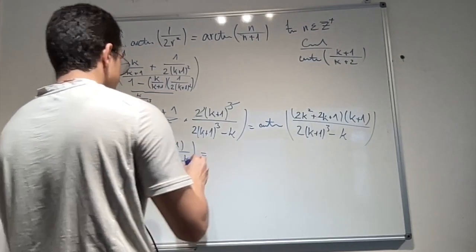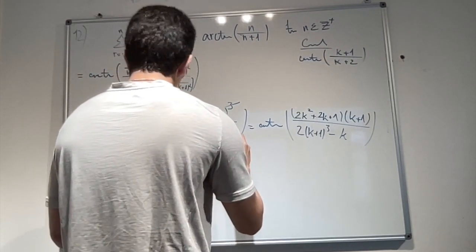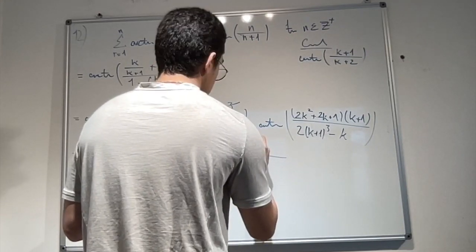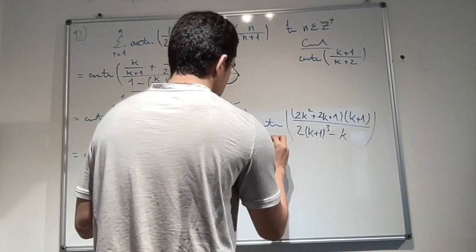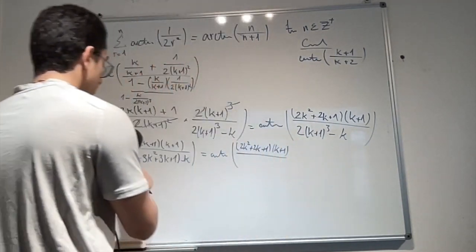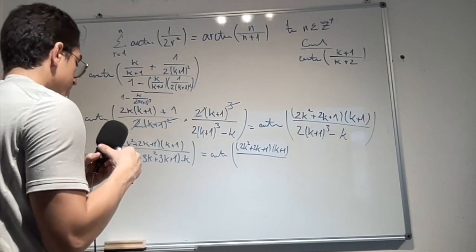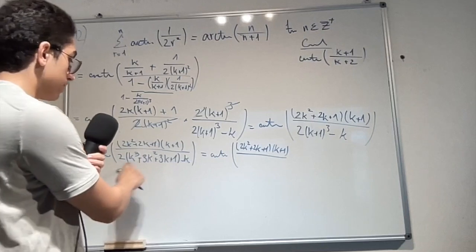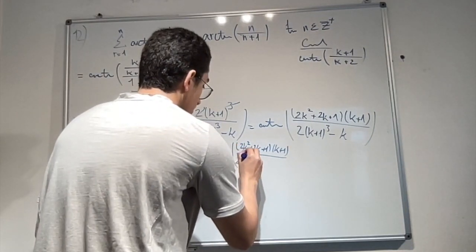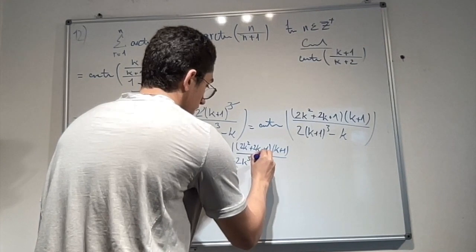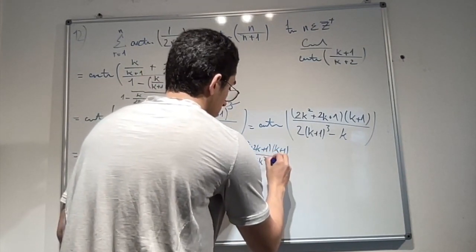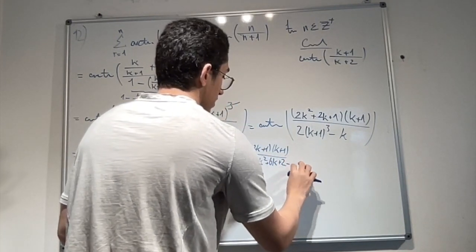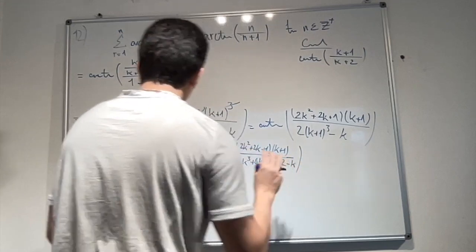So if you further simplify the denominator, let's multiply the 2 and the bracket. So 2k cubed plus 6k squared plus 6k plus 2 minus k. Right?